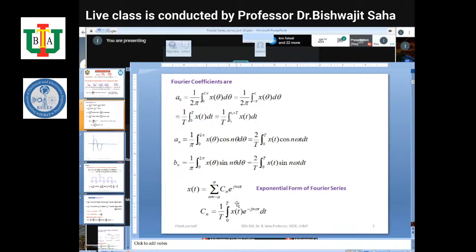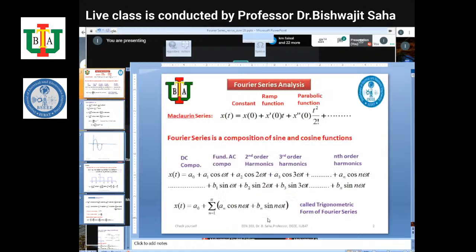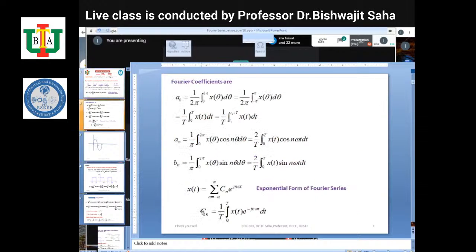So they have the same answer actually. The previous one is called the trigonometric form of Fourier series, and this slide one is called the exponential form of Fourier series.